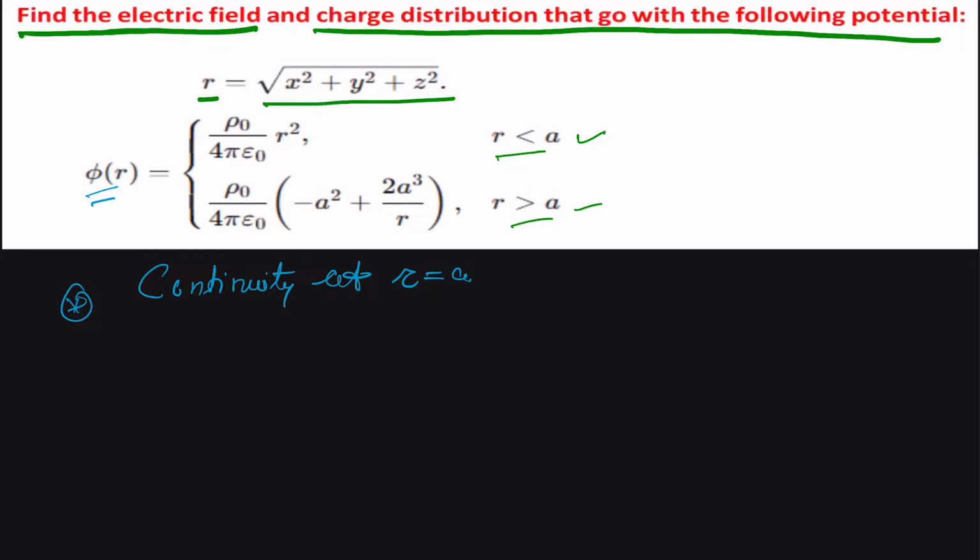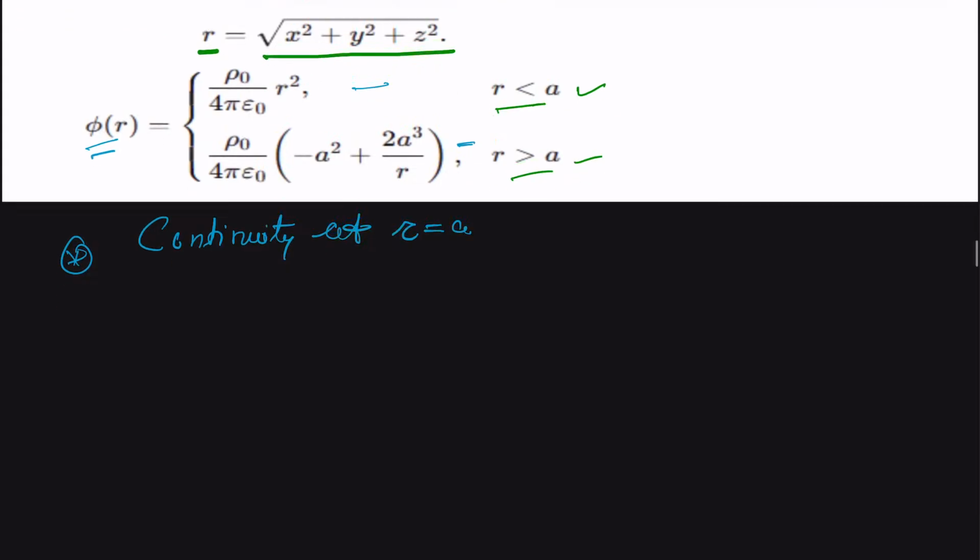So we have two equations. This is our first and this is our second. In each equation we are going to substitute r is equal to a. We can call this equation our inside because the point is inside the radius, and this equation our outside.